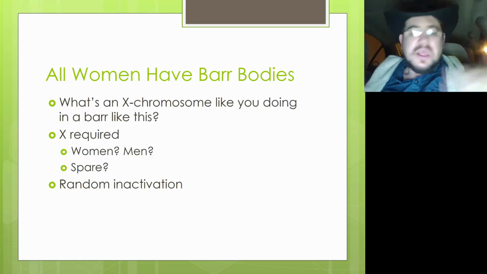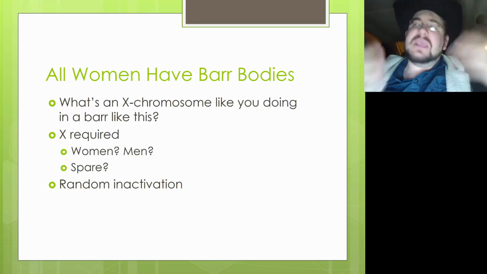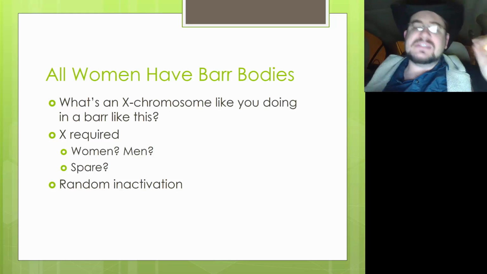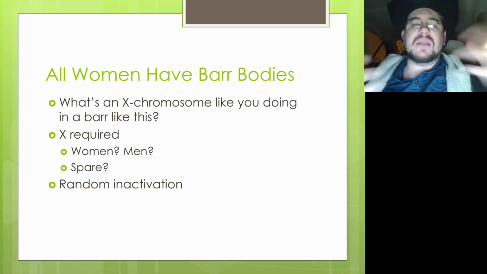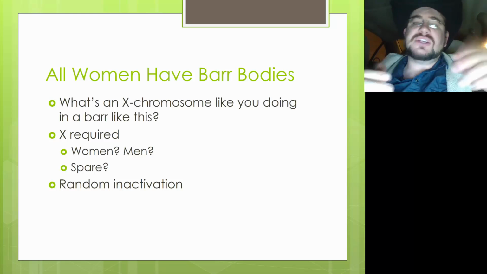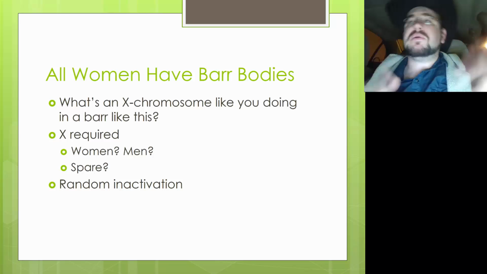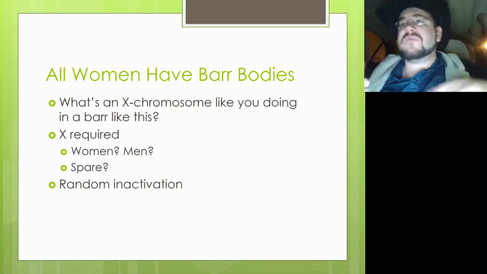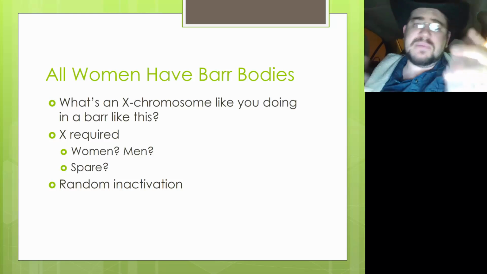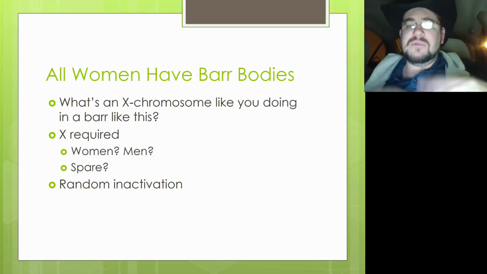Now, initially, those X chromosomes are not being randomly inactivated. But at some point during embryonic development, especially during the cell differentiation period, when the cell lines that will produce the nervous system differentiate from the cell lines that will produce the muscles, and those differentiate from the cell lines that will produce the gastric system, right?